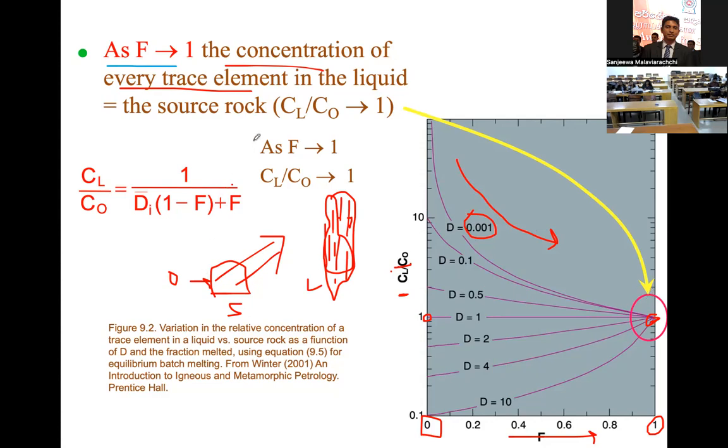As f goes to 1, what happens to this Cl over C? This also goes to 1 gradually. Whatever the shape of the curve, it goes to 1, gradually changing to 1.